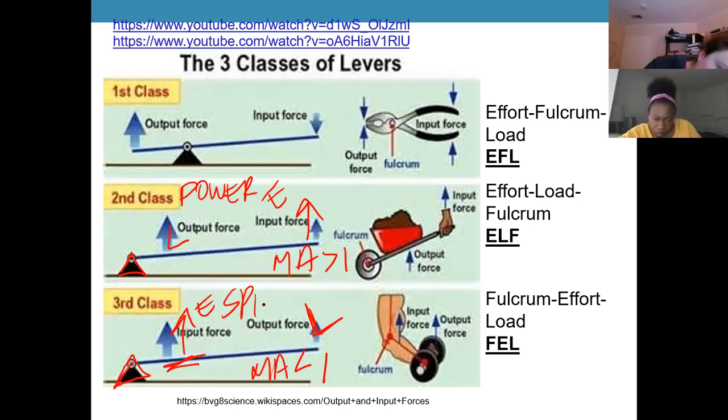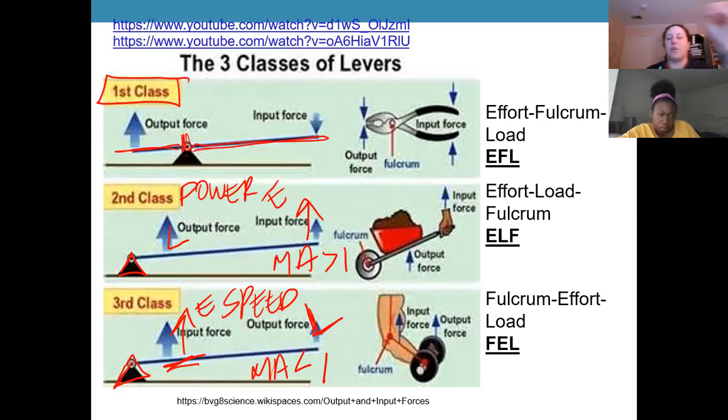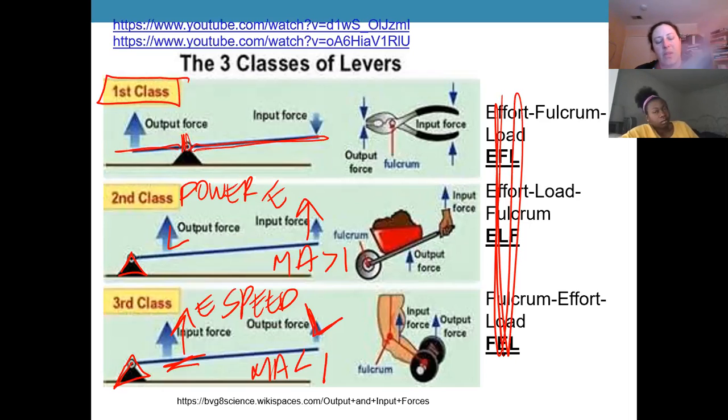Third class levers are always speed levers. And then first class levers are the ones where it varies because since they're on either side, it just depends on the relative length of both levers as to whether they're there for power or speed. But like I said, don't worry about that. The whole thing is based on the relationship between the effort, the load, and the fulcrum.